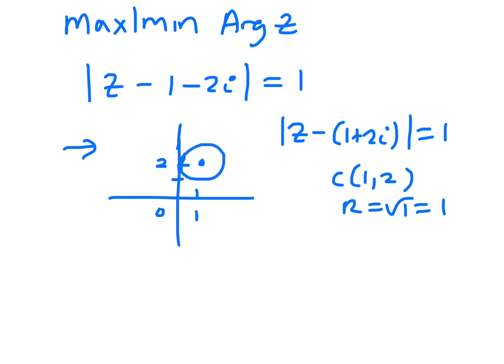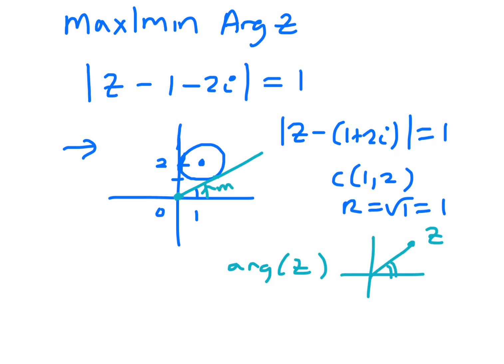Okay, so if I'm trying to find the minimum of arg z, so z is anywhere on that circle, the argument, arg z, just means the angle to 0. So, if that's z, arg z would be the angle in there. So that's when it is a minimum. That would be the minimum of arg z there, whatever that angle is.